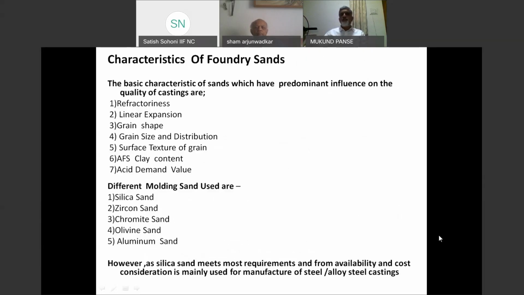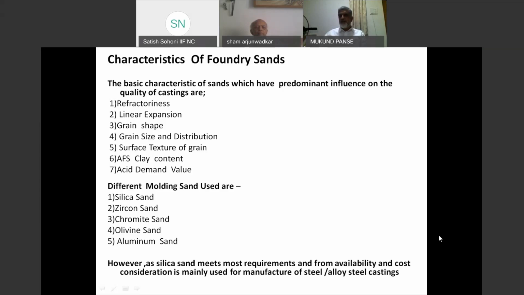So what are the basic characteristics which influence the casting quality? It is the refractoriness of the sand, that is its fusion point, the temperature it can resist. Linear expansion: the sand grain will expand when the metal is poured, and this expansion of sand can cause certain sand defects of the casting, we will discuss shortly. The grain size, shape and distribution will decide the texture of the mold and what will be replicated on the casting surface.